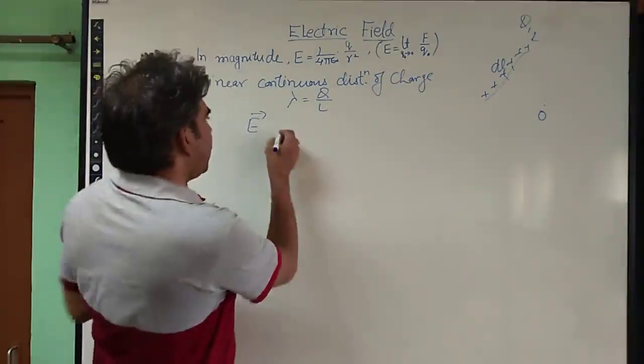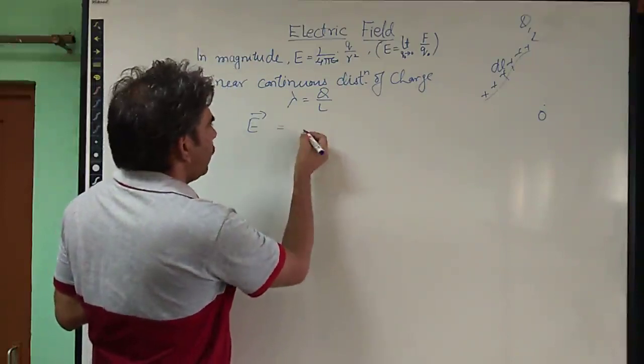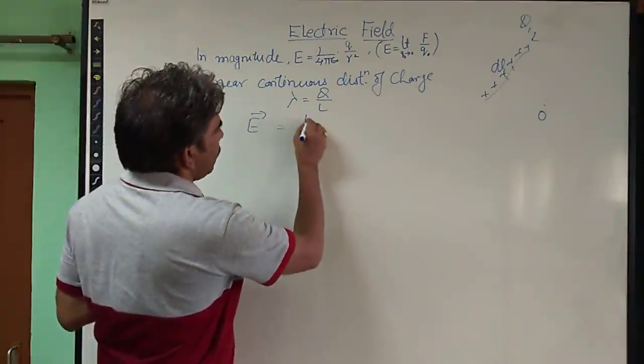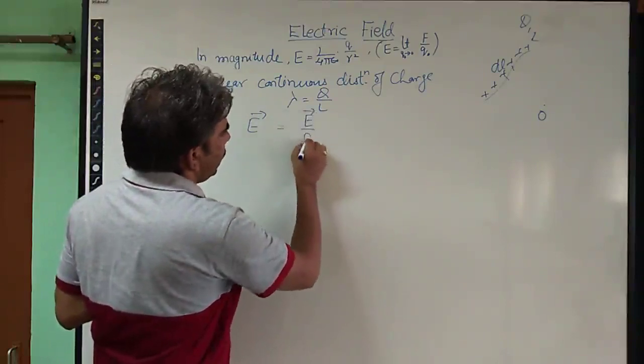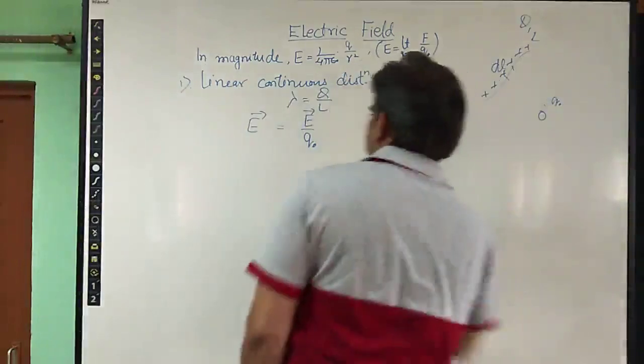So therefore the electric field can be written as the electrostatic force per unit test charge. If we are placing some test charge here, we can simply divide by it.